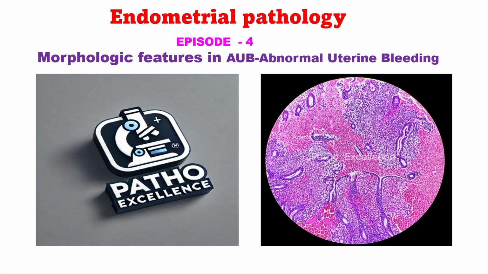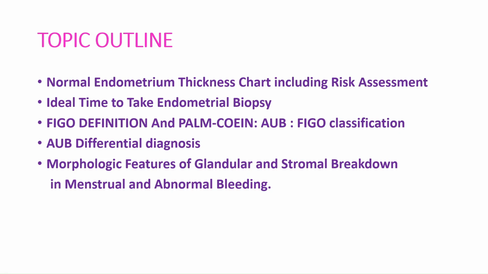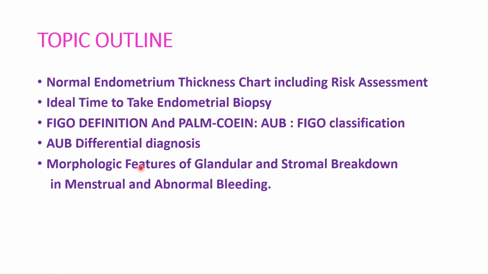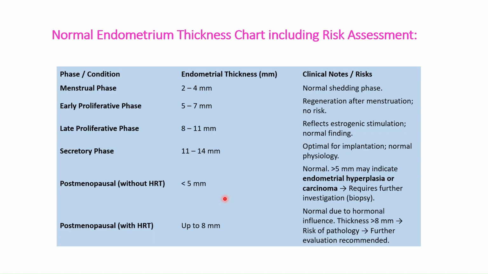So in this session, we will focus on normal endometrial thickness chart, ideal time to take endometrial biopsy, FIGO definition and PALM-COEIN classification, different causes of endometrial abnormal uterine bleeding, and most important, morphological features of glandular and stromal breakdown in menstrual and abnormal bleeding.